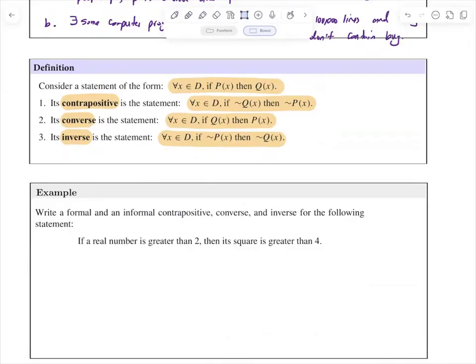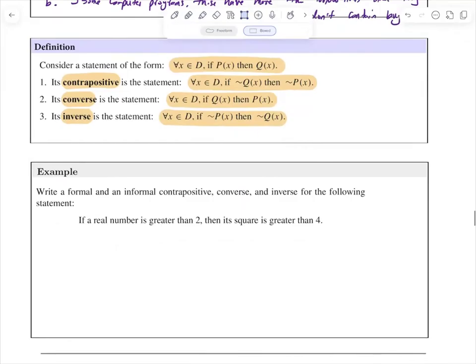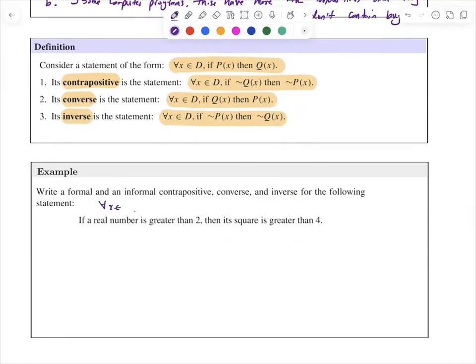We just converted the contrapositive, converse, and inverse into universal statements. If a real number is greater than 2, then its square is greater than 4. So first of all, let's write this down in its universal form. For any x in domain D, if P(x), then Q(x).